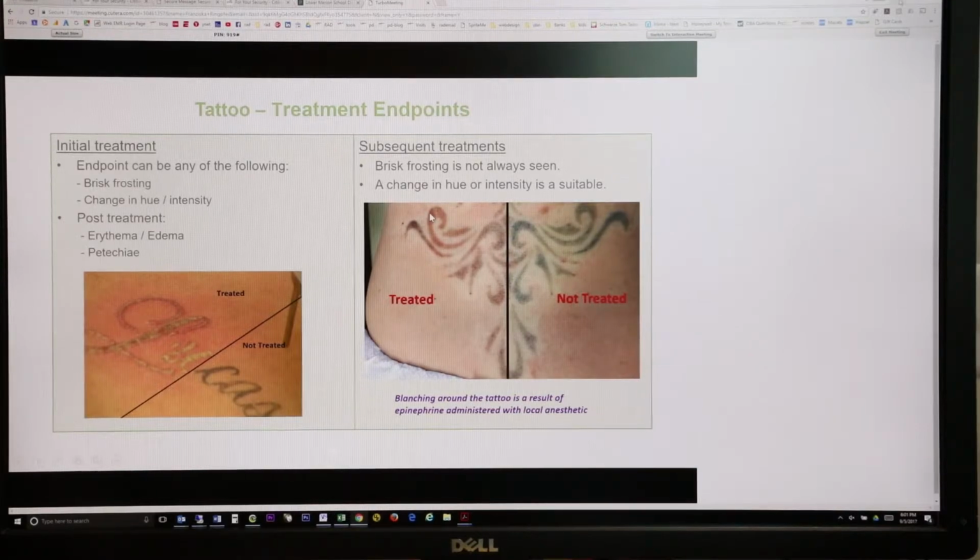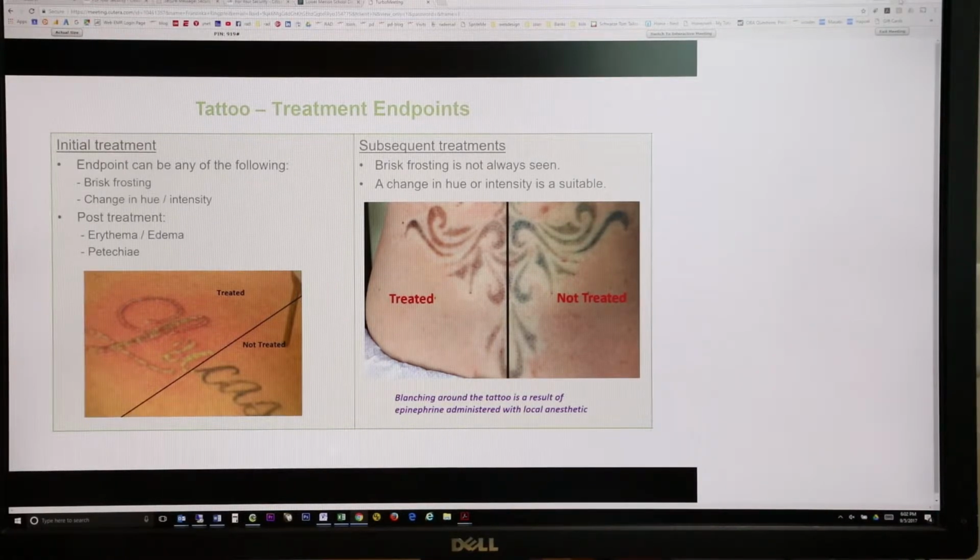Just make sure that you're getting the erythema, that you're getting the change in color. You don't necessarily have to get this frost every time. And obviously patient feedback, if they're feeling it, then something is happening. Because if you treat on their non-tattooed skin, they don't feel anything.